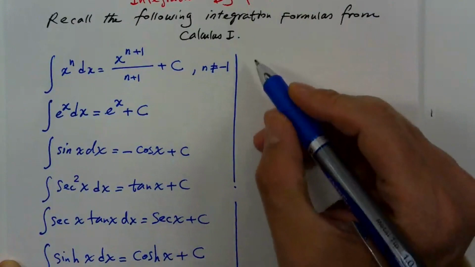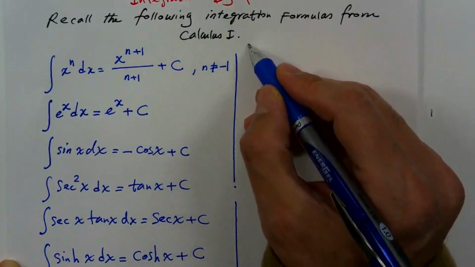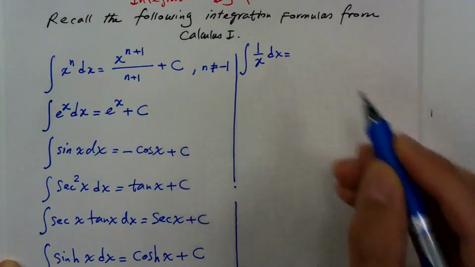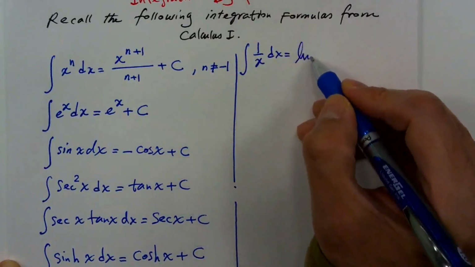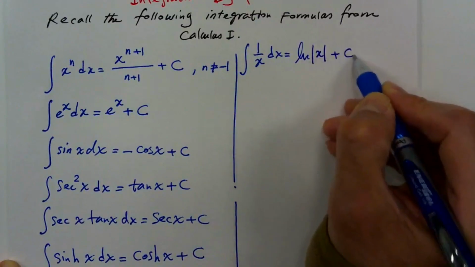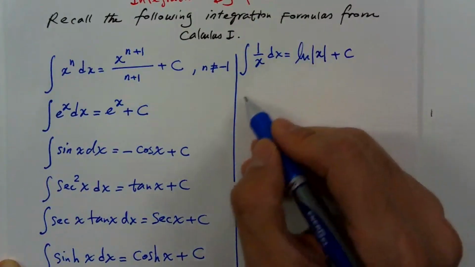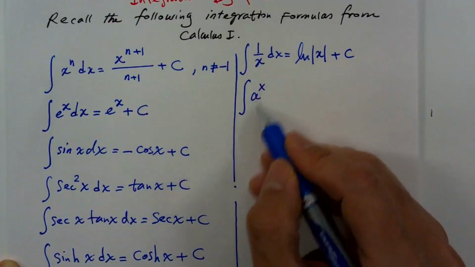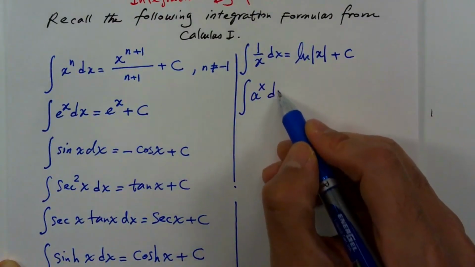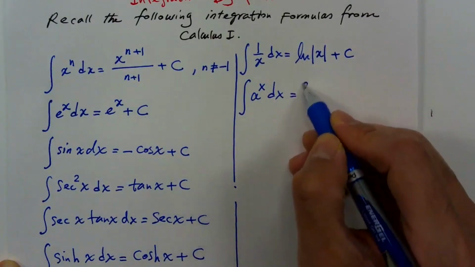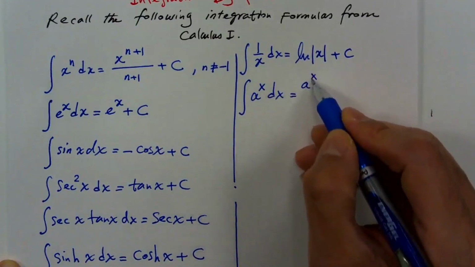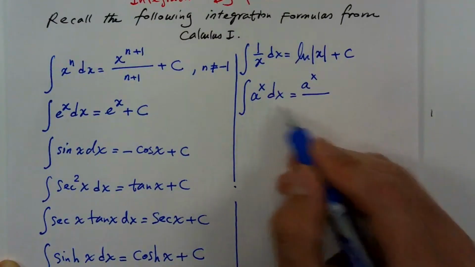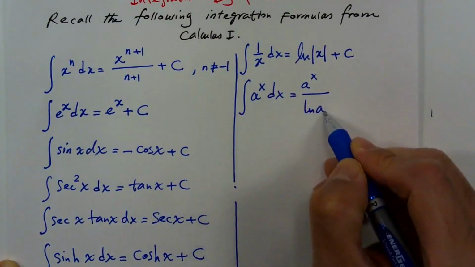So we have the integral of 1 over x dx is equal to, of course, natural log of x plus c. We saw this a lot in Calculus 1. And here's another useful one. The integral of the exponential function to base a is equal to the exponential function divided by the natural log of the base.